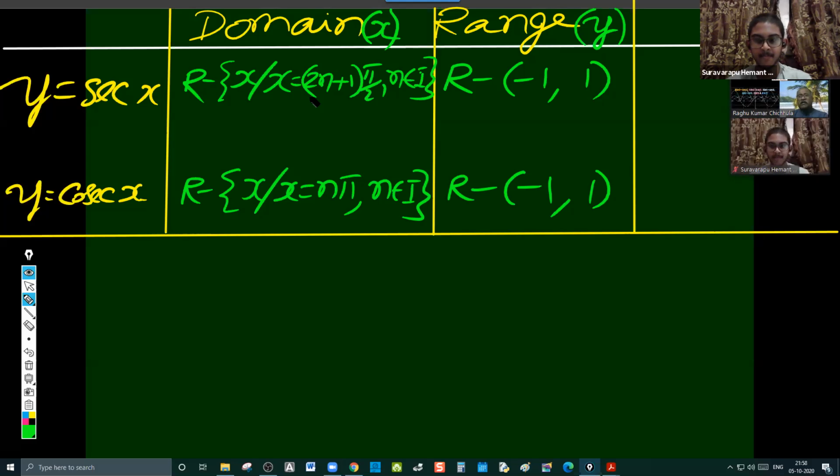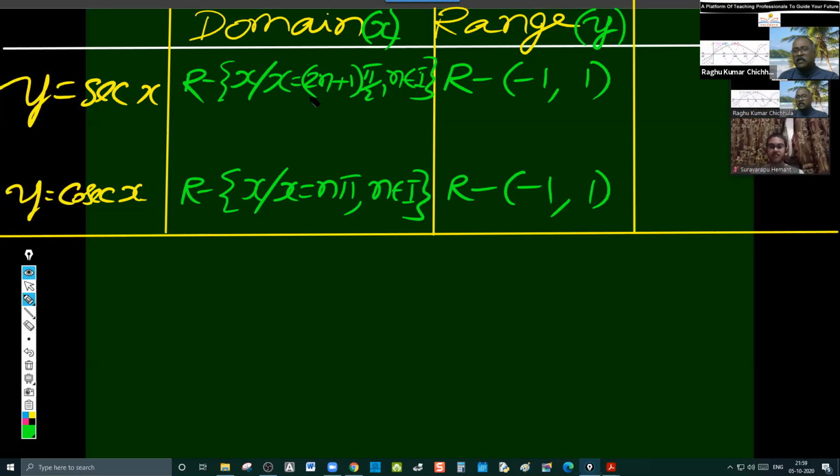That means it is greater than 1. Since it is less than 1, its reciprocal will obviously be greater than 1. So whatever the values are there for that, that will not be there for its reciprocal.